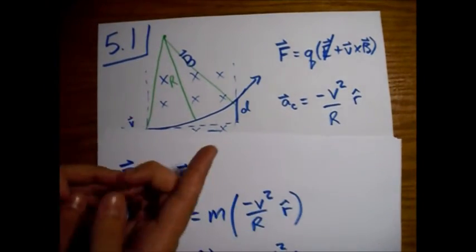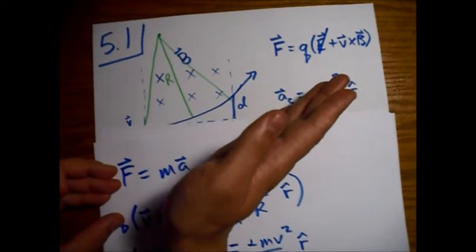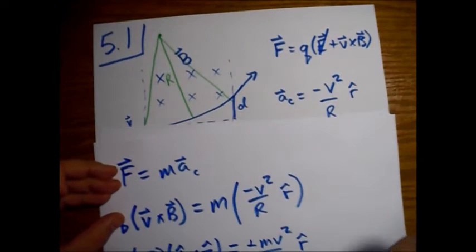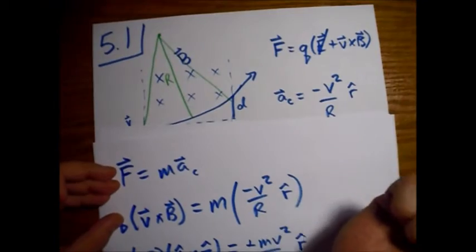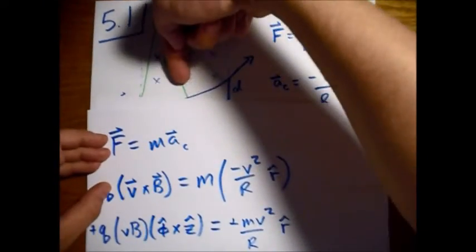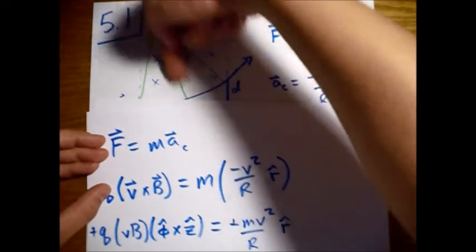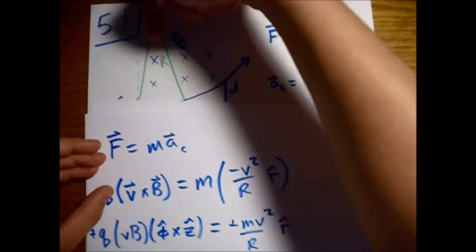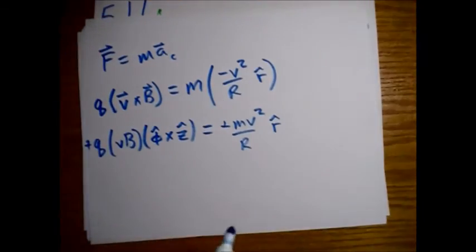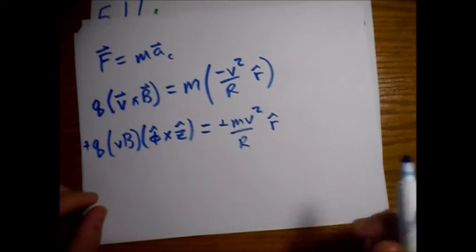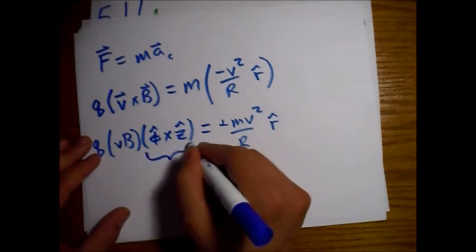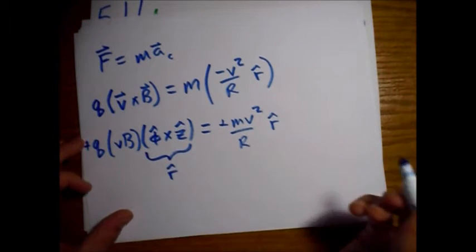By the right hand rule, phi hat's going this way, z hat was going up, and so our result will be pointing outward from this point, which is the r hat direction. All right, so you can see here's the r hat. So this phi hat cross z hat is equal to r hat.